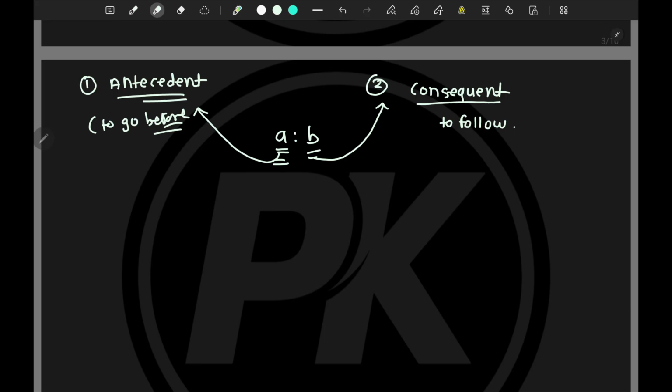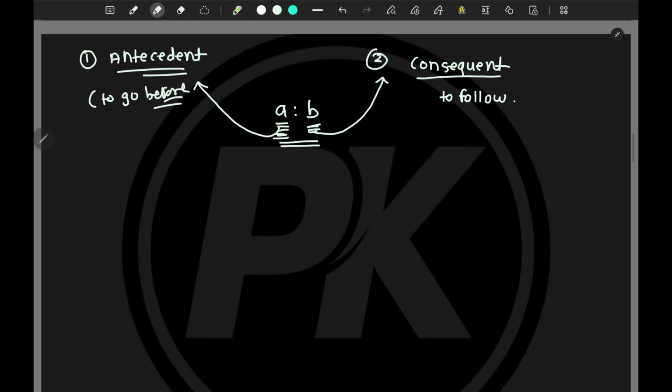Now you must be wondering why this order matters, why antecedent and consequent order does matter. In ratio and proportion, generally the relationship between the two is directional. Suppose in our preparation class, the ratio of passed students to total students is 4 as to 5.